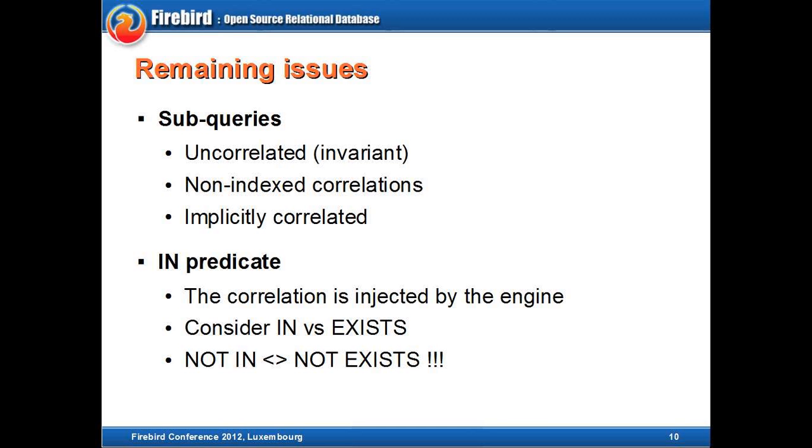And the most famous example is implicitly correlated streams. It's about the IN predicate. If you write a query containing the IN predicate, you expect it to be non-correlated, but in fact, it's correlated. The engine optimizes this query.